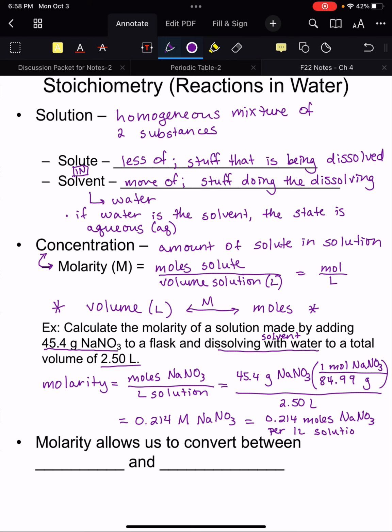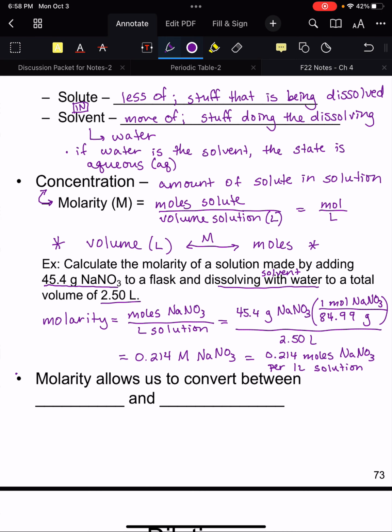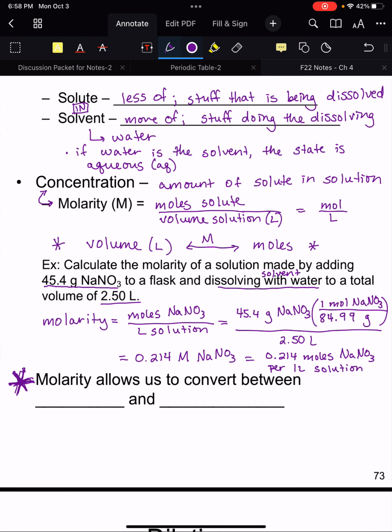And so I want you to think about molarity being a really nice conversion factor. Okay, molarity, the most important thing I can say, and I've said this already, but I'm going to say it again because that's how important it is. Molarity allows us to convert between moles and volume in units of liters.